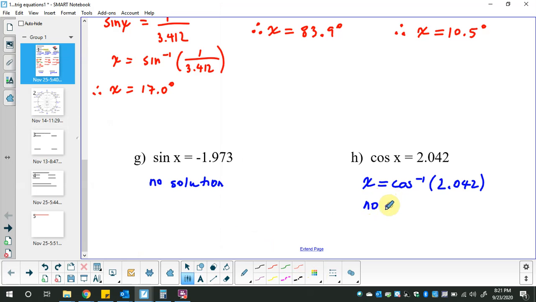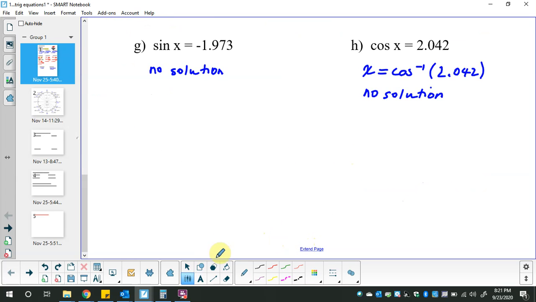And the reason they shouldn't surprise you is if you think about the graph and all this work, every single part of trigonometry goes back to the graphs. They also go back to the triangles. But if you think about the graph of y equals sine x, it had only values between 1 and negative 1.